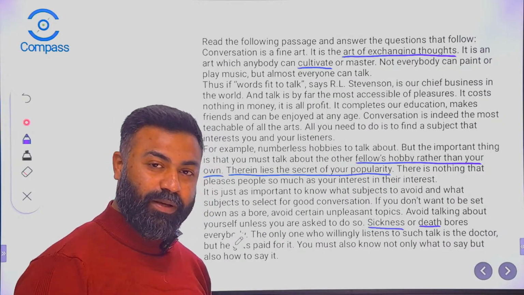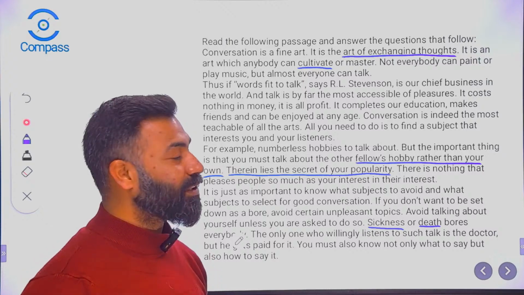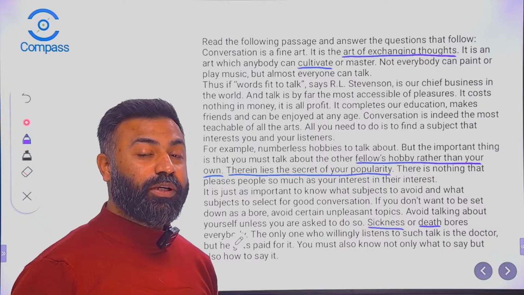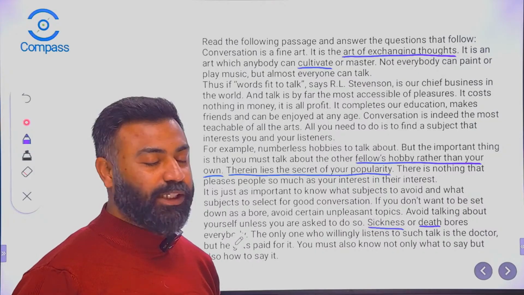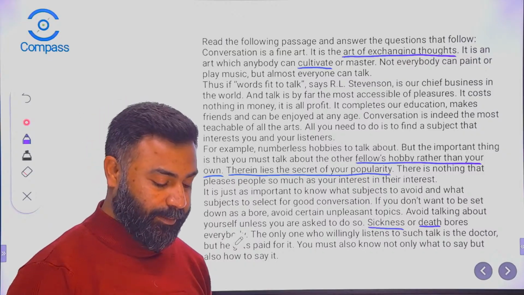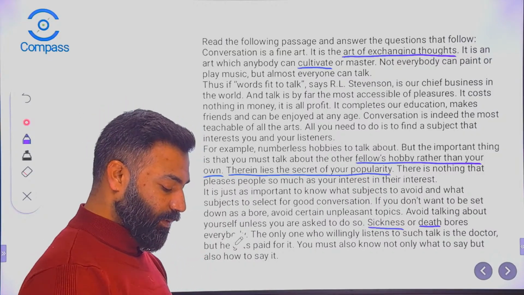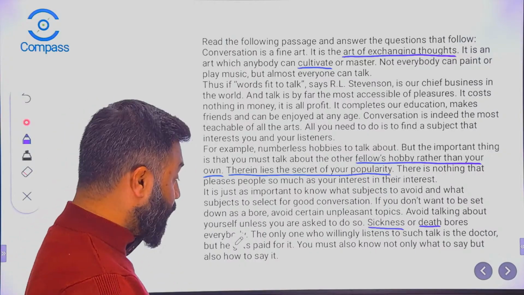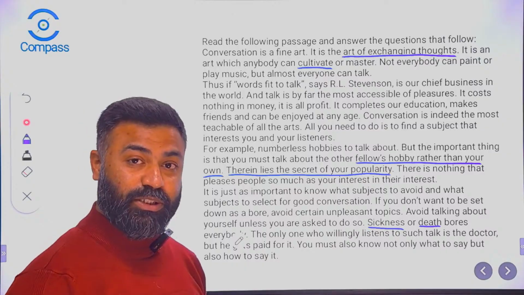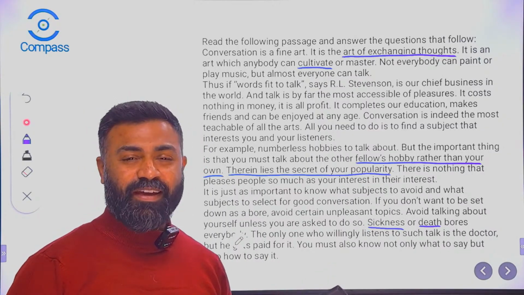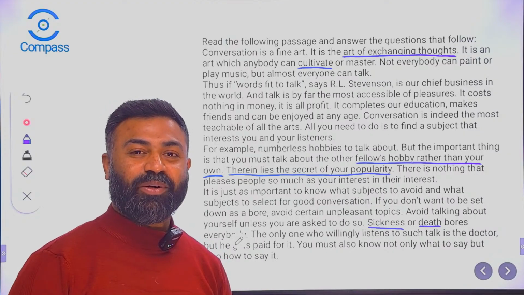Everybody wants to be a talker but never a good listener. And having a conversation on good, pleasant topics is actually an art, right? People are actually looking for good listeners. So this is what the passage is all about, and it reminds me of students who come online and join, but they have everything to talk about.